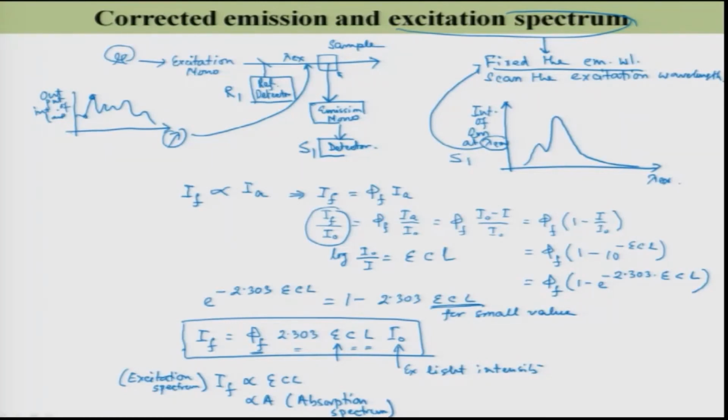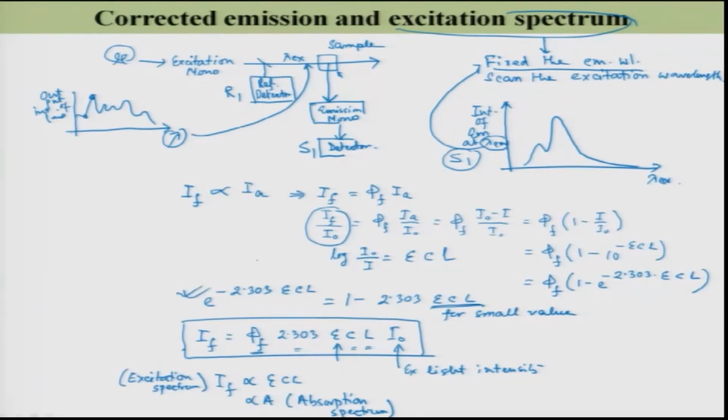So, what I was telling here is, if I now plot this S1 intensity of emission against lambda excitation, this spectrum will be the same as the absorption spectrum, provided two things. First, I have taken the concentration to be low. If not, then I will not be able to write this.